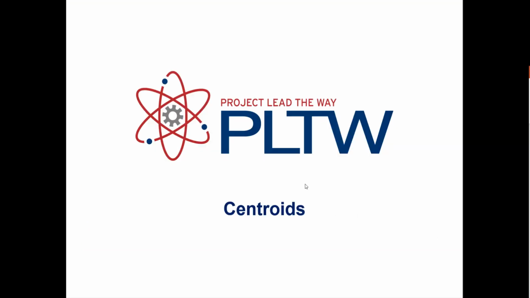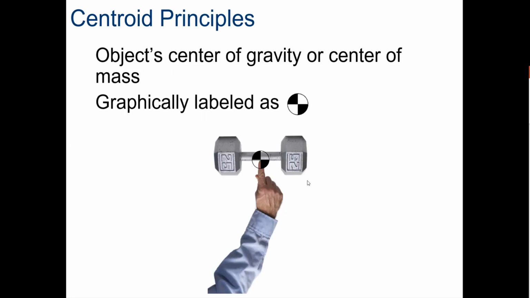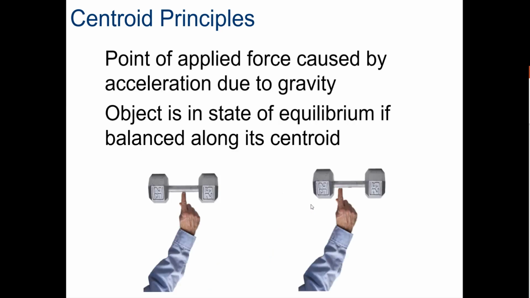Okay, and so centroids. A centroid, obviously here it says, is the object's center of gravity or center of mass, and it's labeled with that label right there. So basically, it's the balancing point of any object or shape. It's the point of applied force caused by acceleration due to gravity.